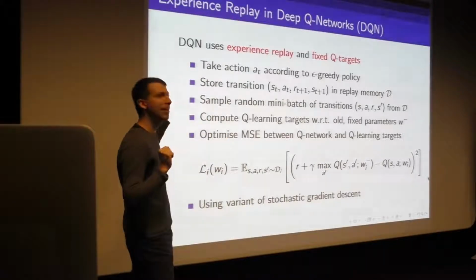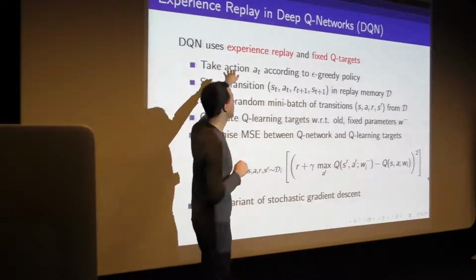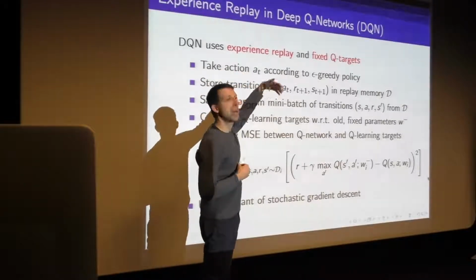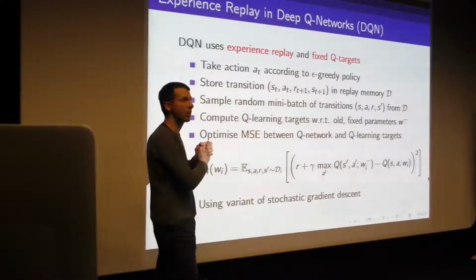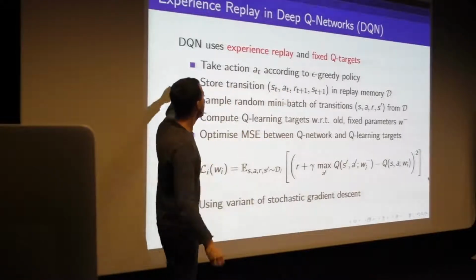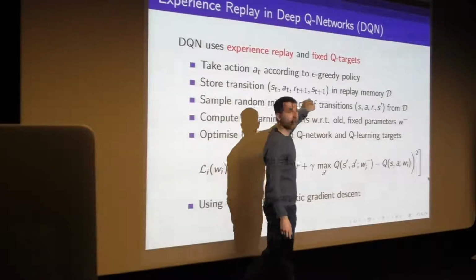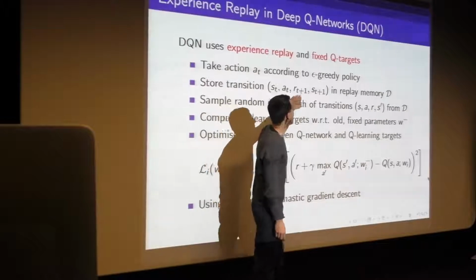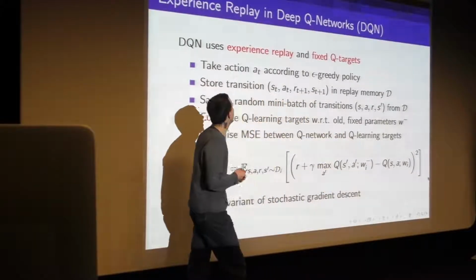It just uses exactly what we've seen so far. We're going to use experience replay and Q-learning. So it's off-policy, which is a nuance from what we've seen so far. But the idea is really simple: we just remember all of the transitions that we've seen so far. So we remember all of our states, actions, rewards, next states that we see. We remember them in some big replay memory.